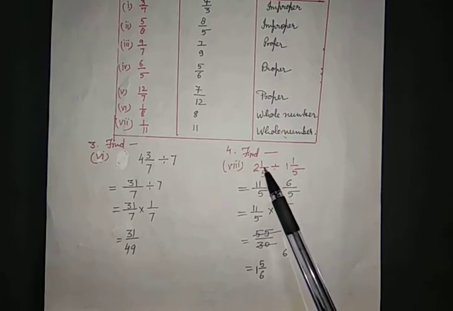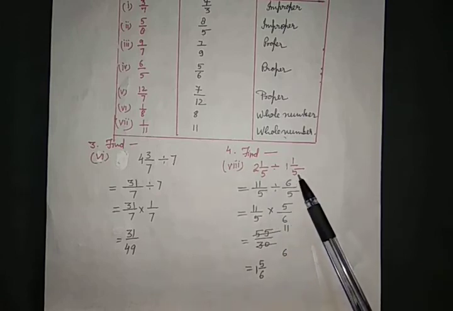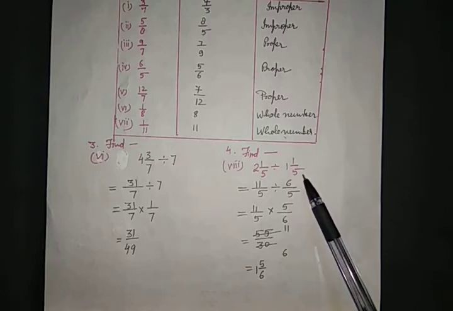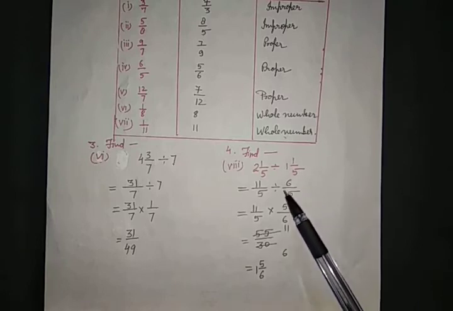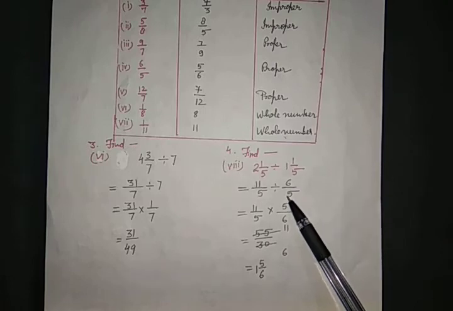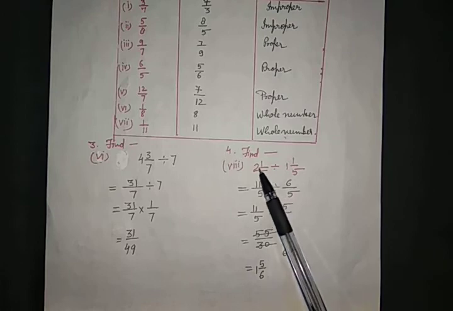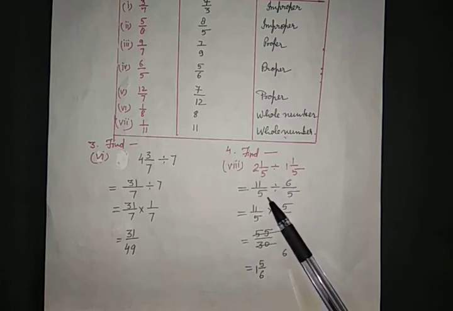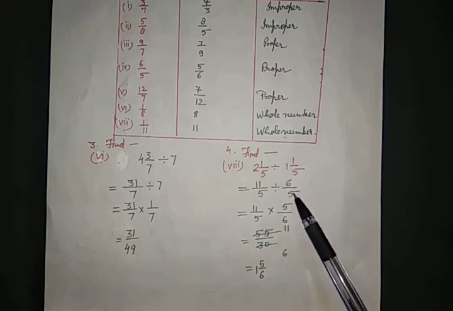Here 2 whole 1 upon 5 will be 11 upon 5, and 1 whole 1 upon 5 you will write as 6 upon 5. 5 2s are 10, plus 1, 11 upon 5. Now 11 upon 5 divided by 6 upon 5.